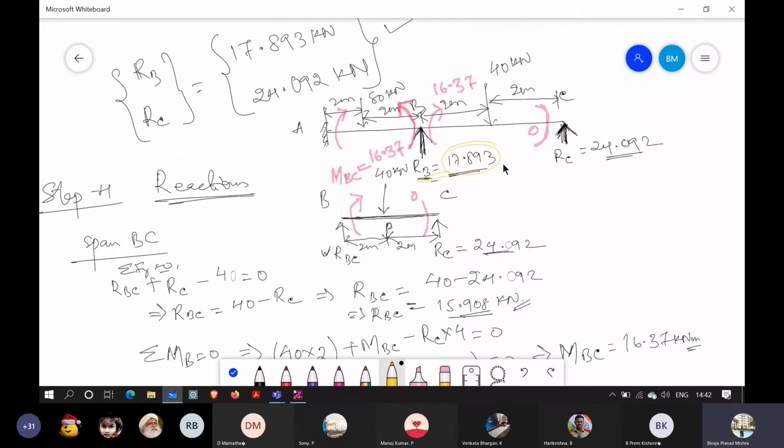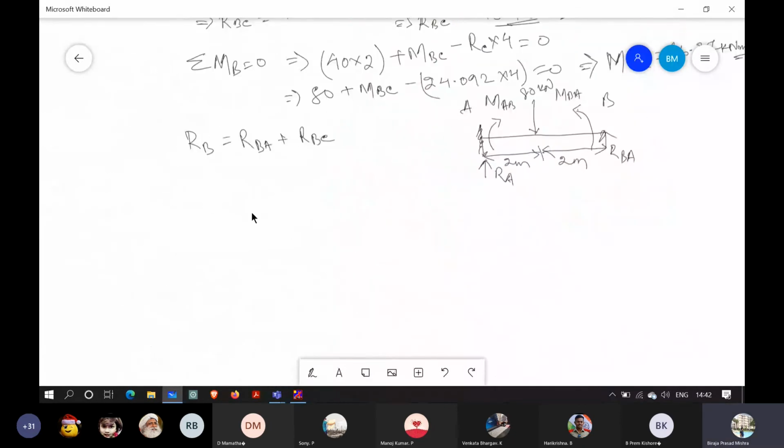RB equals RBA plus RBC. That is what I have written here.